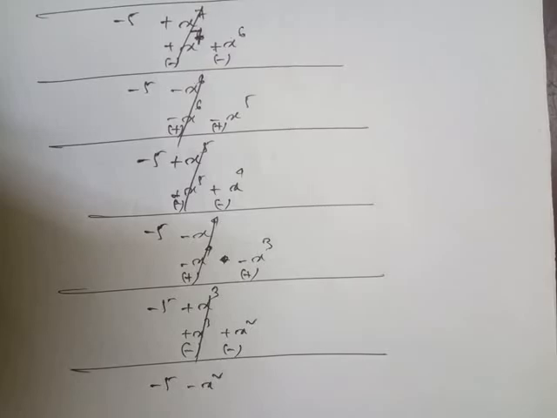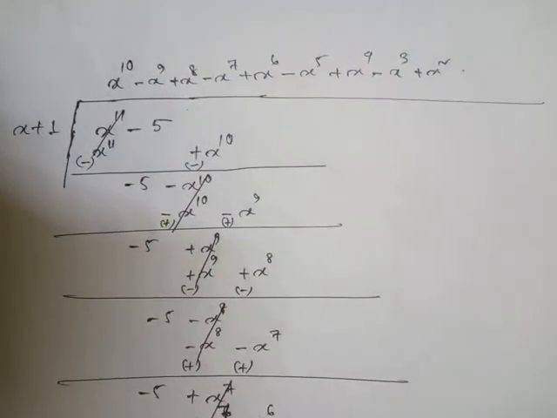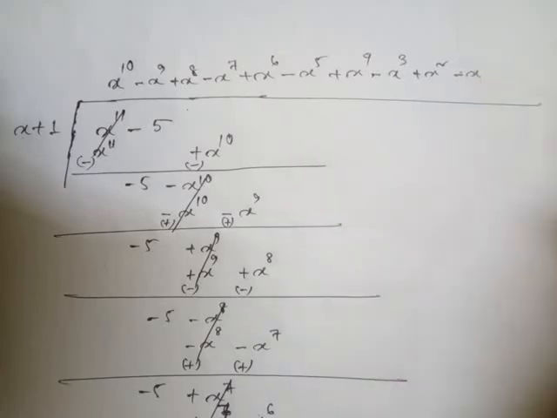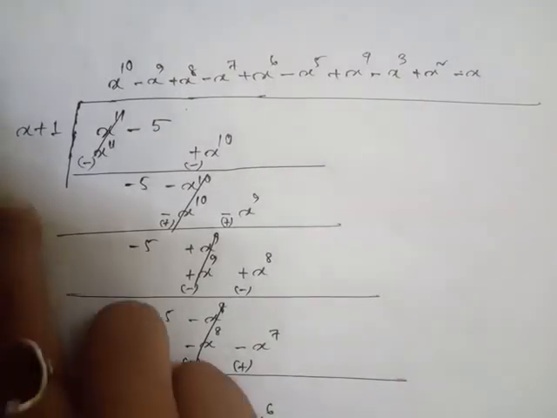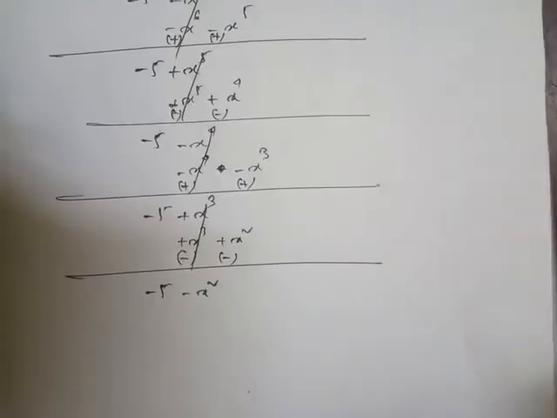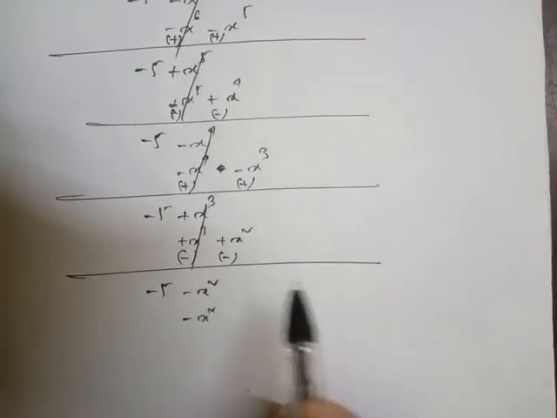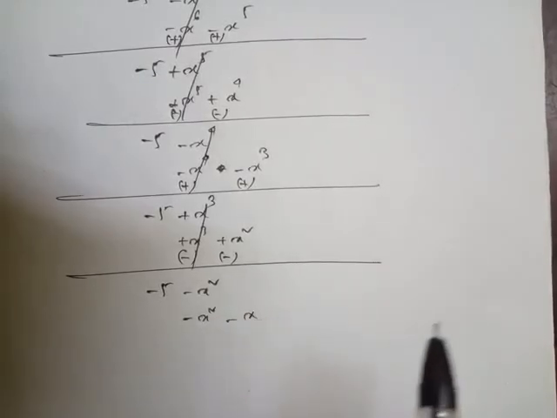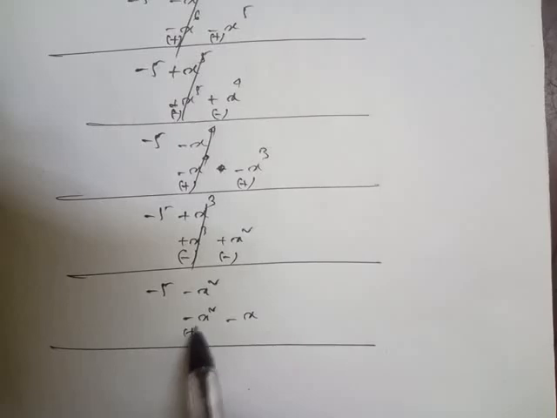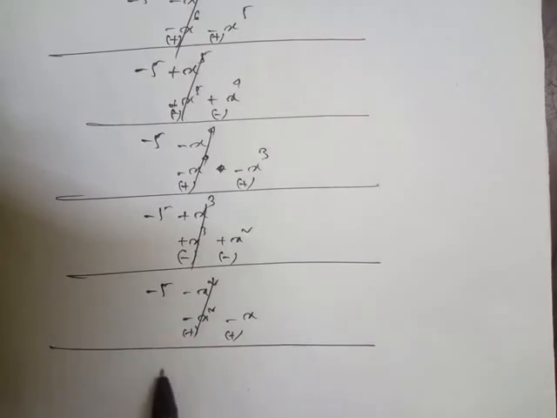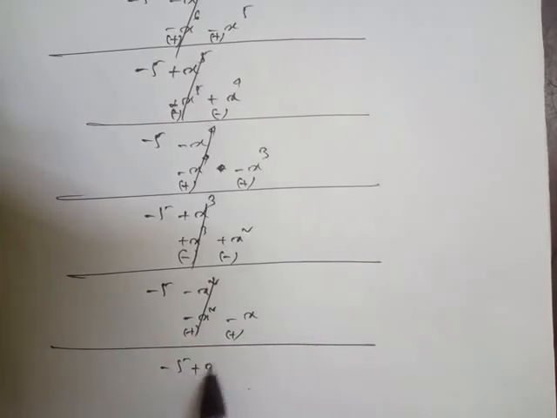Now the last one would be, if I put down the value as minus x square, if I write only x, x into x, which means minus x square, and then one minus x, so this becomes plus, this also becomes plus, cancel these two, minus 5 and plus x.